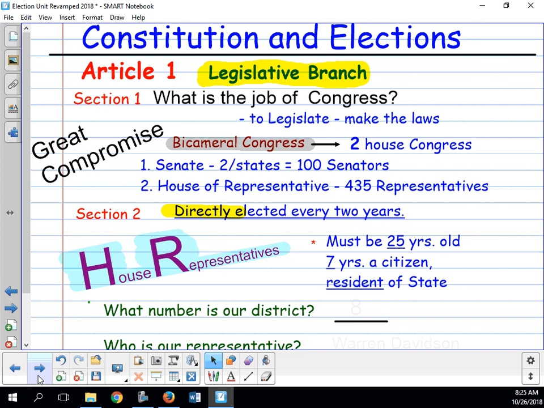All right, so my expectation is, first of all, you're learning, you're listening, and second of all, you can put in this information. If I have it up here, especially if it's on the notebook paper, you need to write it down. Okay, it needs to be written down. I tried to keep it simple and to the point. So for Section 1, you're talking about from here to here.